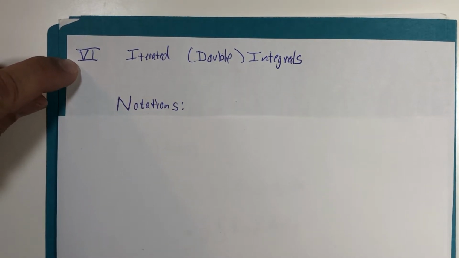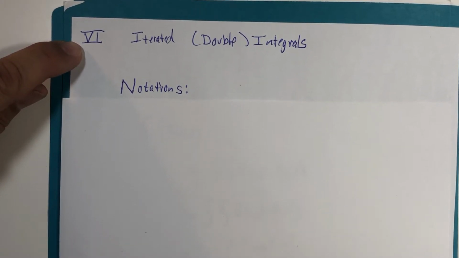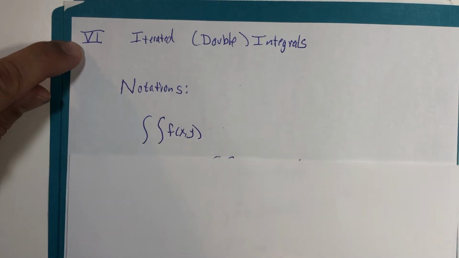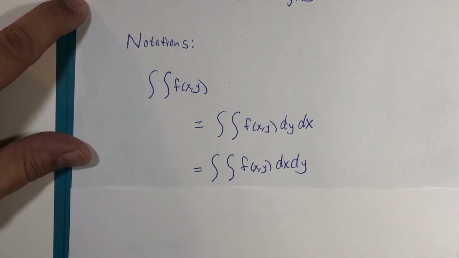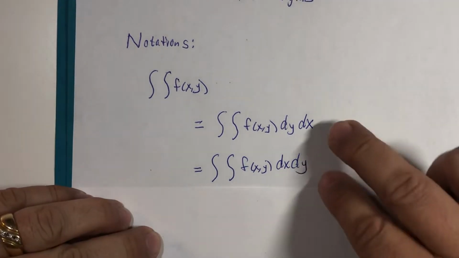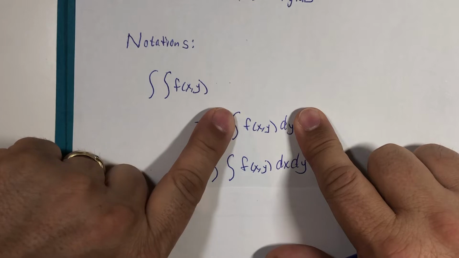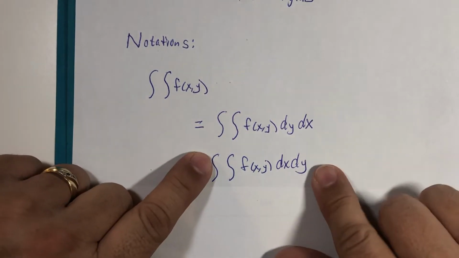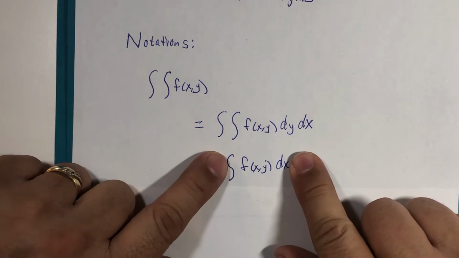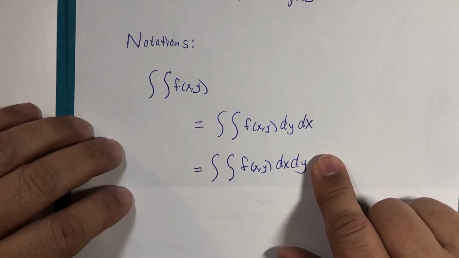There are some notations, and we've been playing with two distinct notations called orders of integration, where we could integrate with respect to y first and then integrate with respect to x later, or integrate with respect to x first and then integrate with respect to y at the end.